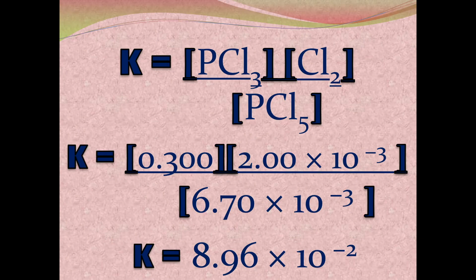So that's the second thing I can do, is to do an experiment to find K by putting in a certain amount of material and then finding my K value.